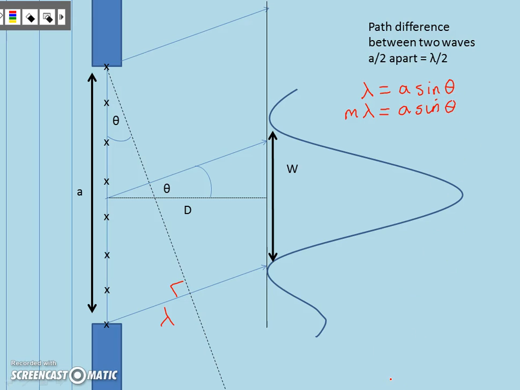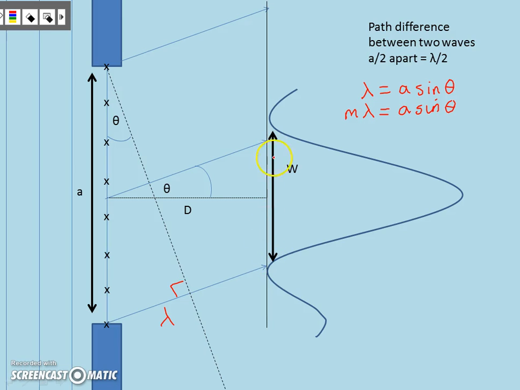We also know that the angle theta is the angle from the line from the center of the slit to the center of the central maximum, to the first minimum.